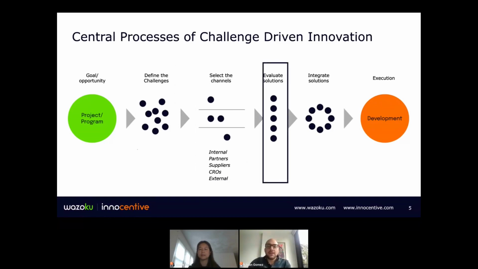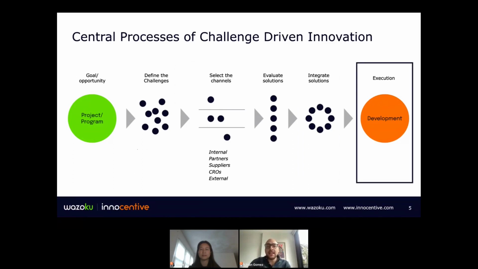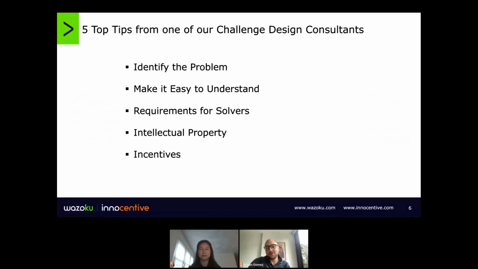Once we gather all these ideas, we evaluate the solutions for the challenge that we have launched, and then integrate them into more robust solutions, taking into account key elements from different ideas that we have gathered, and how we can implement and develop them into our existing projects and processes in the organizations. So taking this as a little bit of an introduction, please, Elaine, tell us more about the 5 tips that we're bringing into this webinar today.